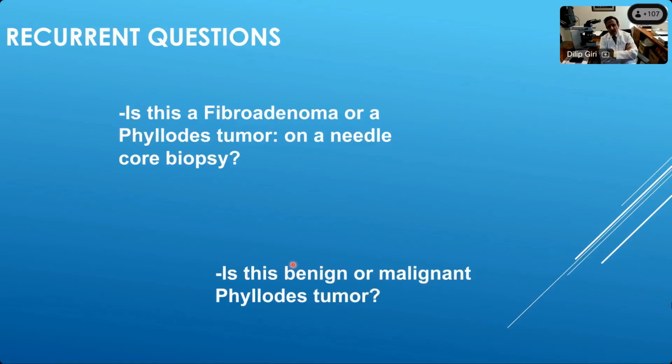And if there is a recurrence, all you need to do is go back and excise that recurrent lesion in a limited way. On the other hand, a malignant Phyllodes tumor obviously portends a worse prognosis because these are lesions which are capable of metastasizing to other organs and eventually, unfortunately, leading to the death of a patient.